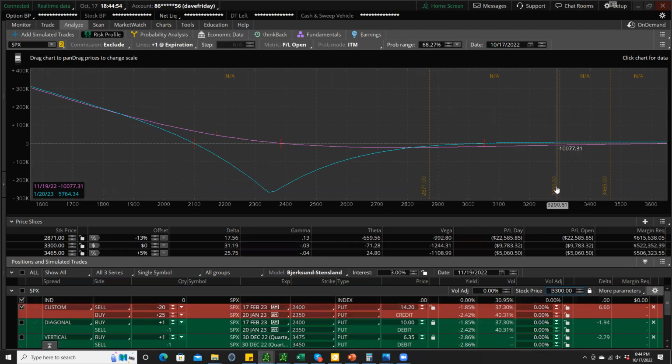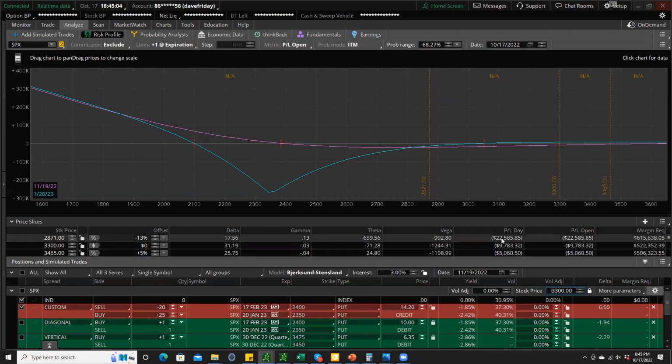So now we're at 3,300. We're not down $20,000. We're only down $9,000, which is bad. But you can see we now have the potential at the worst point on this magenta line of being down $22,000.